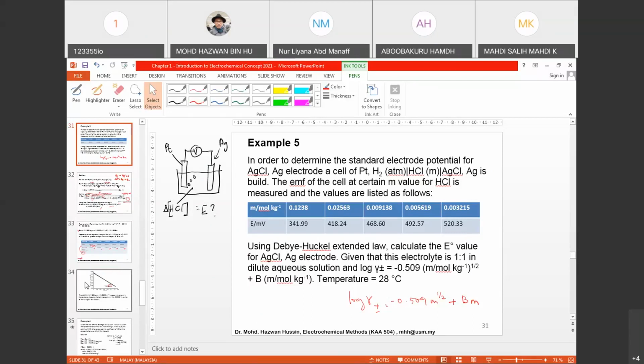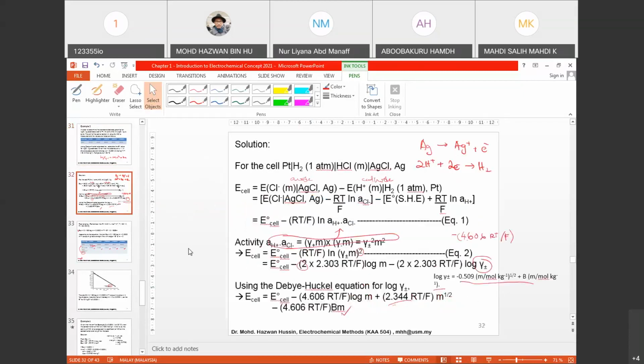If you have to calculate using Debye-Huckel, you know that you have to relate it with the activity coefficient. Not to worry. Normally for this representation, log gamma plus minus equals minus 0.509 m to the power of half plus bm is given. So you just need to do the maths to get the values.